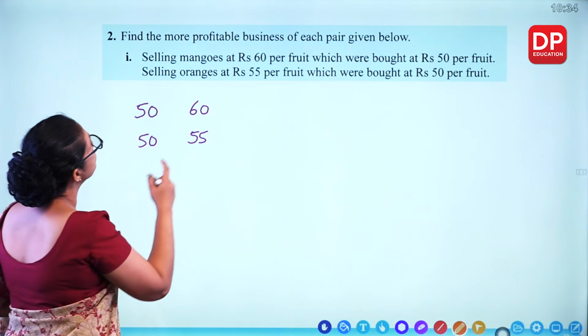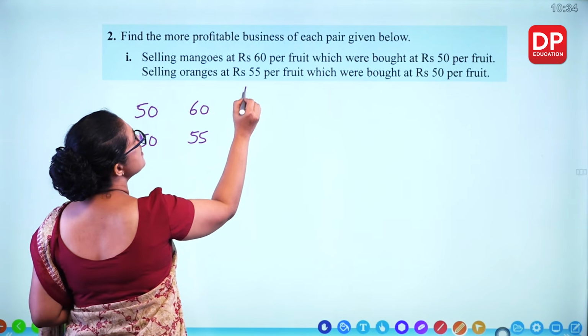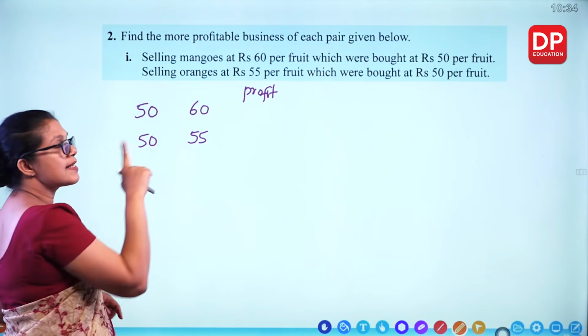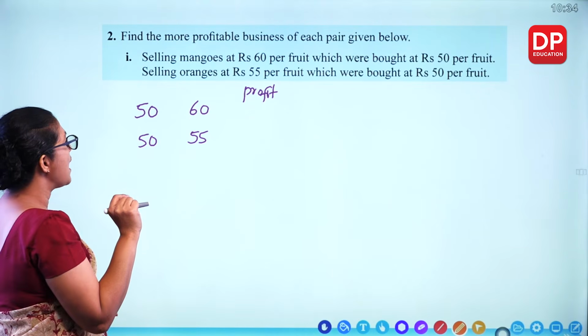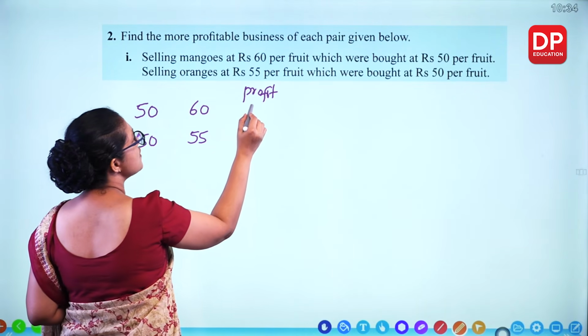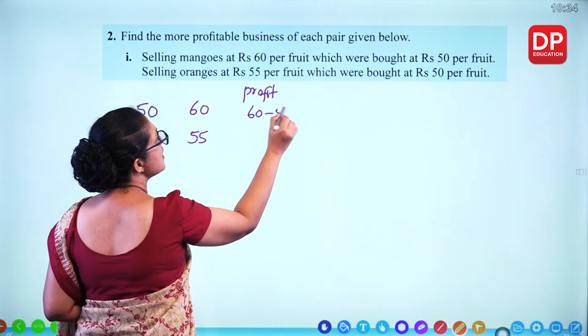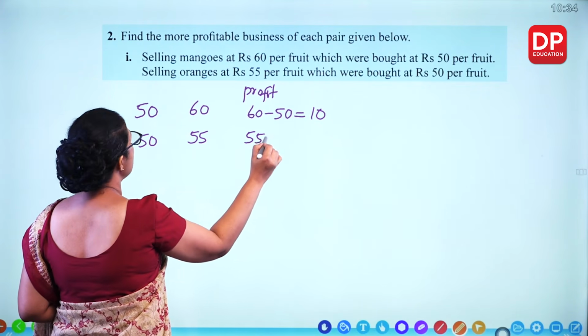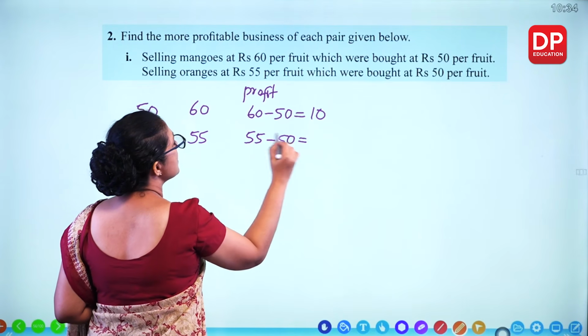So what's the profit here? Both places you get profit because the selling price is more than the buying price. So 60 minus 50 is the profit here. So that's 10. This one is 55 minus 50. That's 5.